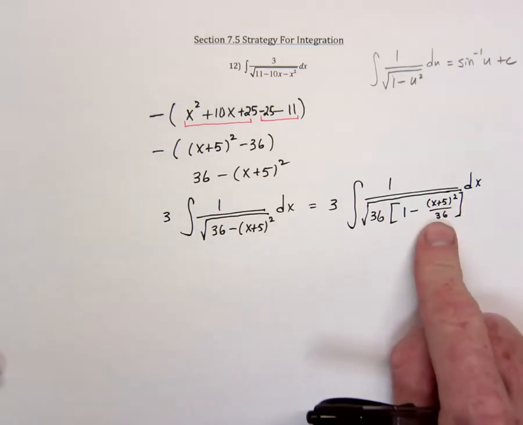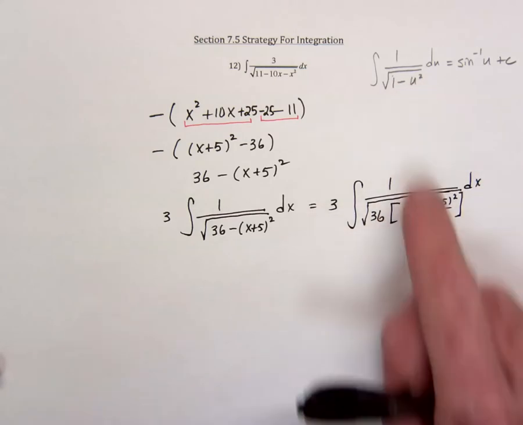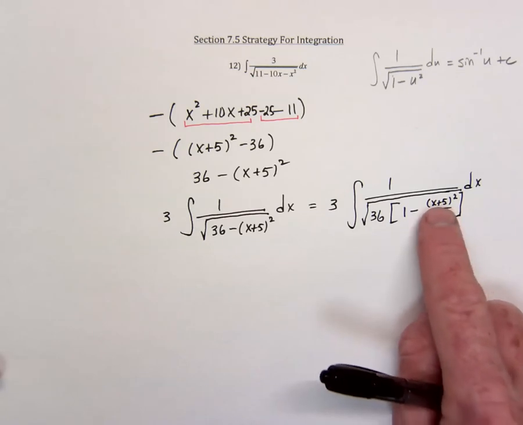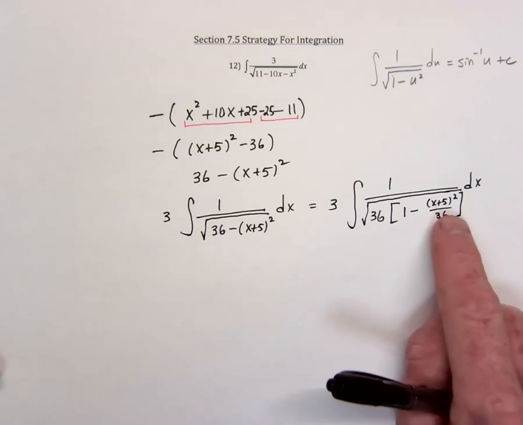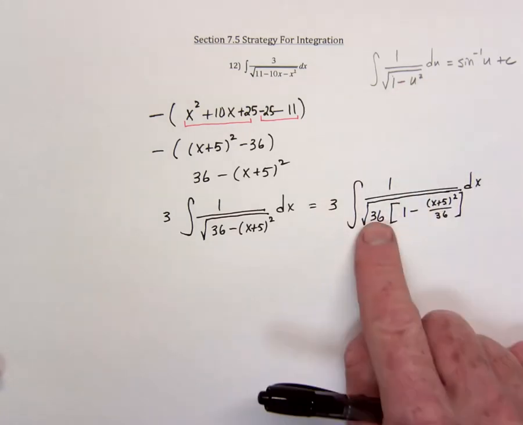And we've almost got this looking like this, but this says that u needs to be squared. So this needs to be one big fraction that's squared. So if I rewrite it as x plus 5 over 6 and then square the whole thing, then it will look like this.